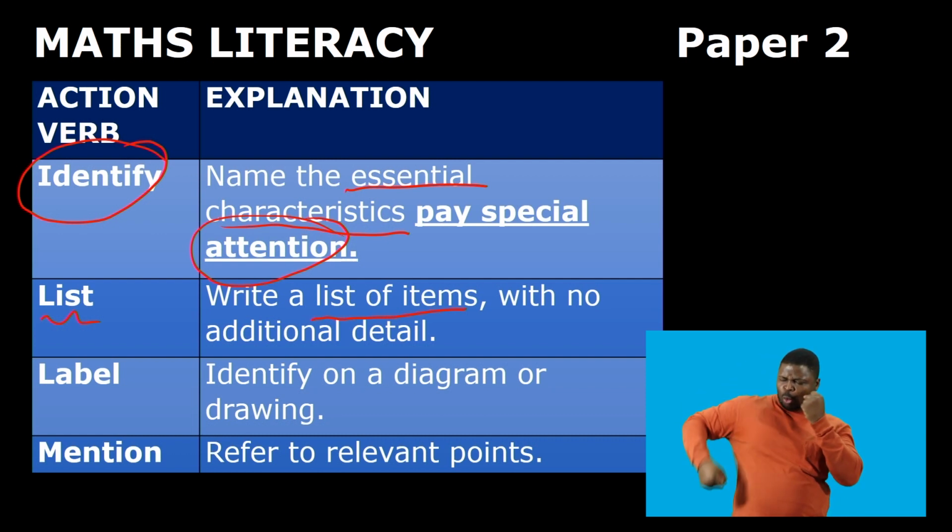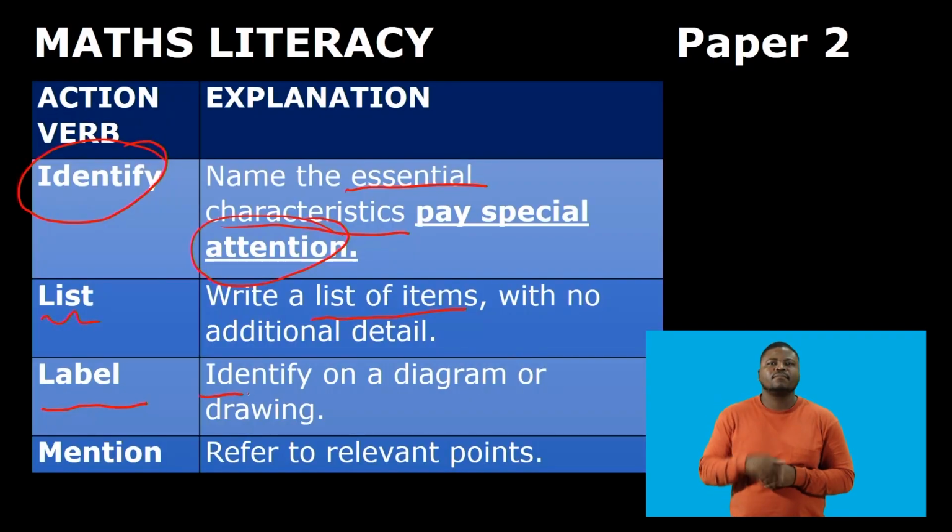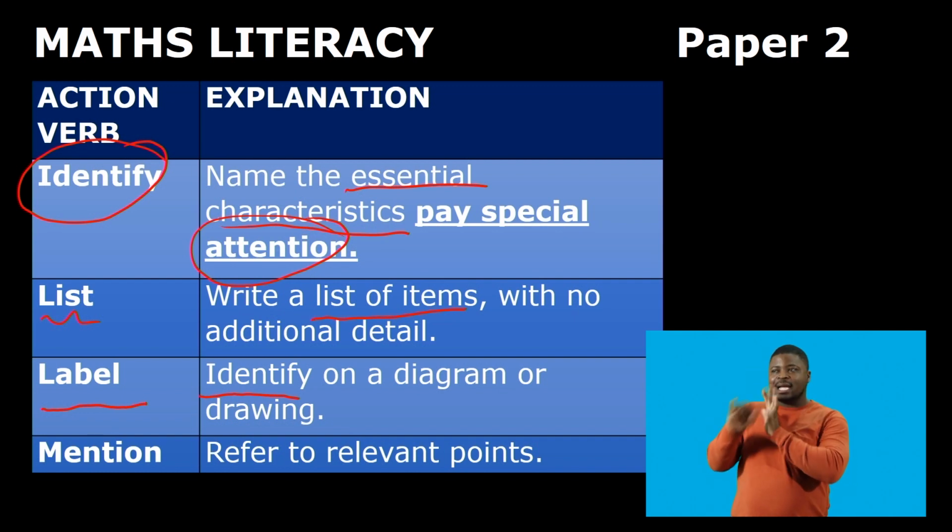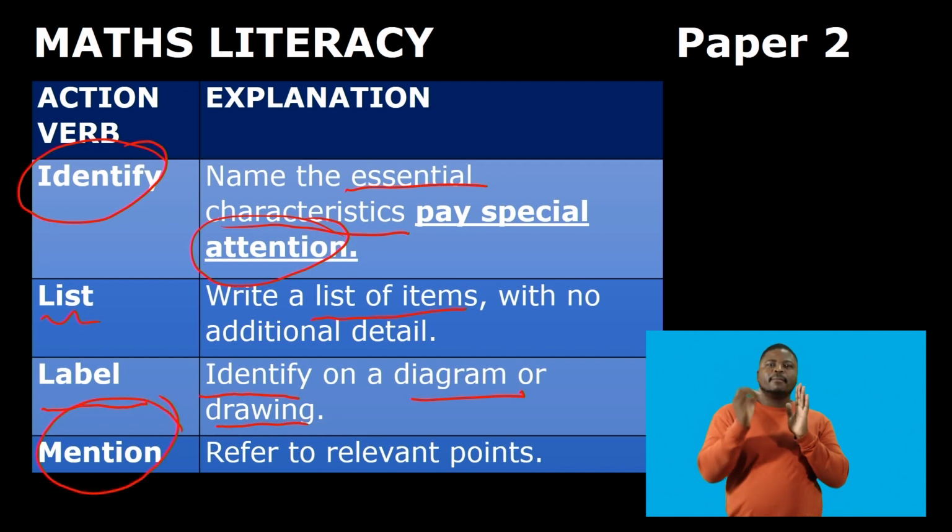Please remember that when you list, you only write what is asked. Don't write paragraphs. Then, when you need to label, you need to identify the descriptions on a diagram or a drawing or a graph. And then lastly, if they ask you to mention, you need to refer to relevant points in the question or in the scenario to answer your question.